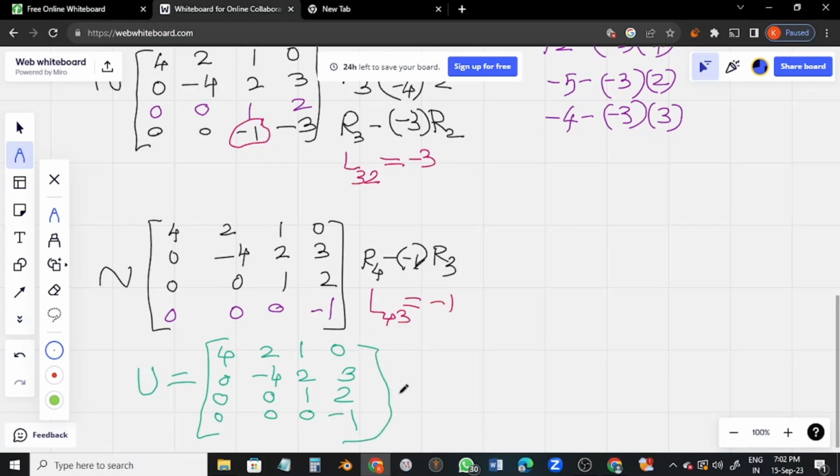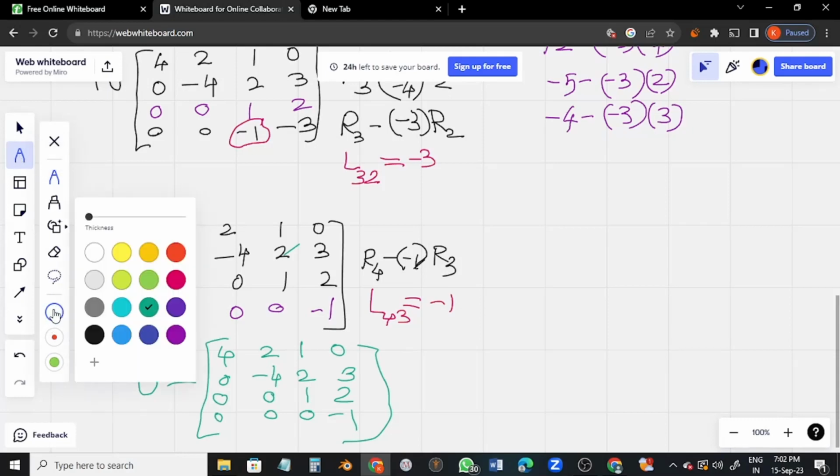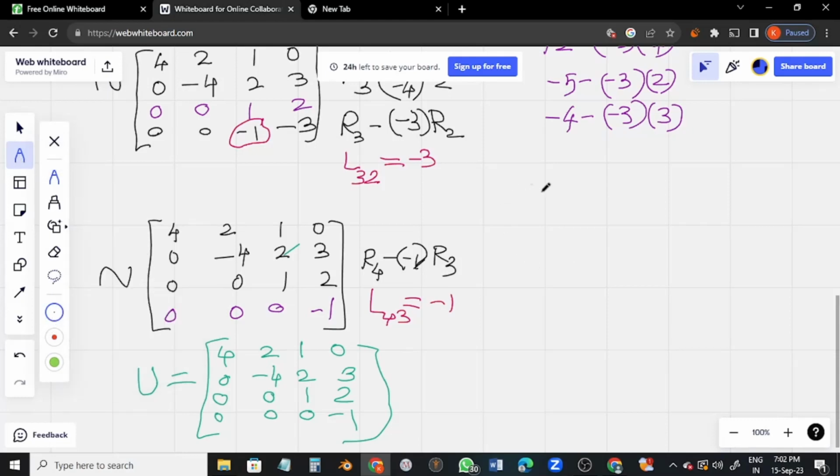Alright, now we are interested in writing L, so let us go with L. For L only we tried this many things over here, so let us go with our L. Now how to write L? Okay, so let us try our L out.